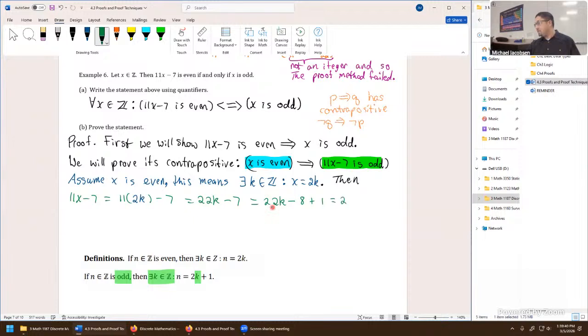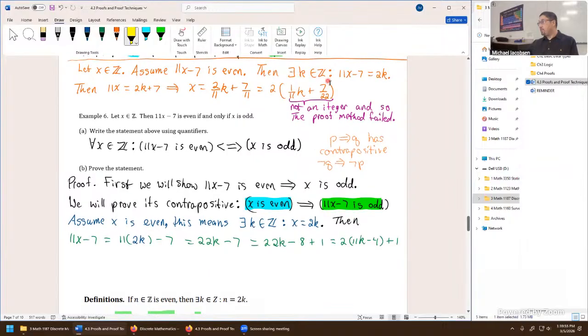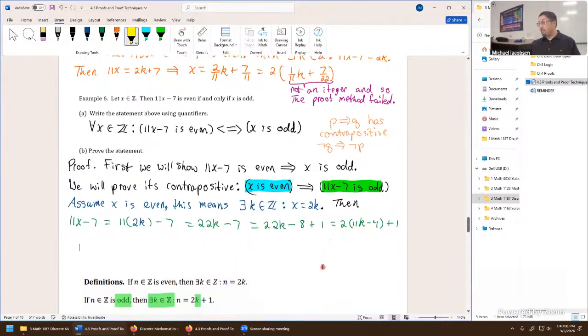It turns into 2 times 11k minus 4 plus 1. And now that's really good because what we found is an integer. 11k minus 4 is a guaranteed integer. This was not. That depends on k. But no problems here. If you picked an integer, multiplied it by 11, reduced by 4, we have a nice closure property of those operations. We're still an integer at that step.